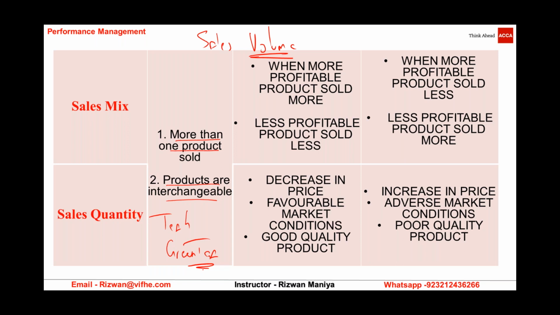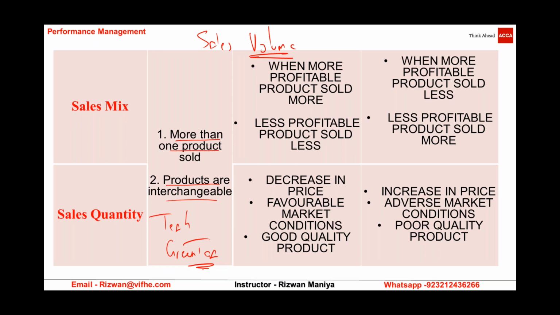Toothpaste and toothbrush are not interchangeable. These are complement products. I'm talking about the case where if the sales of one product go down, this will be compensated by selling more of the other product.